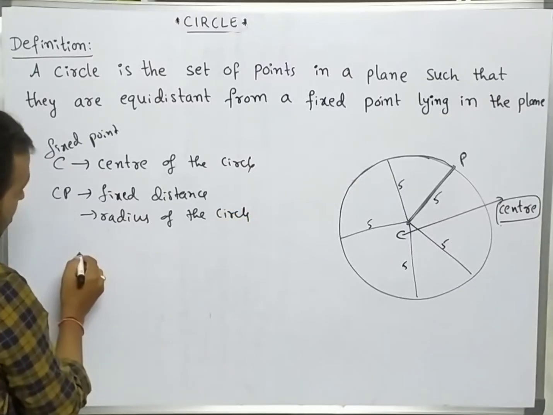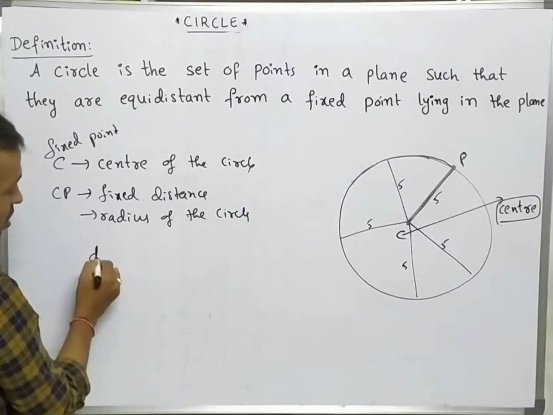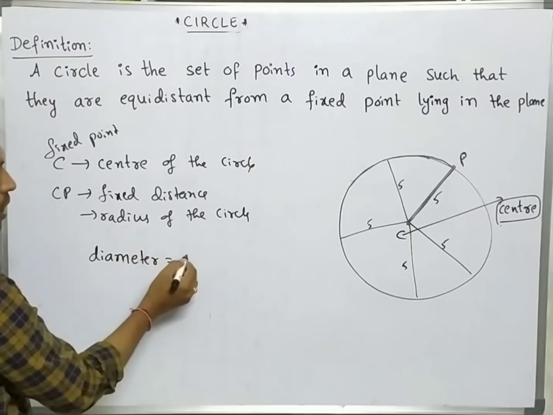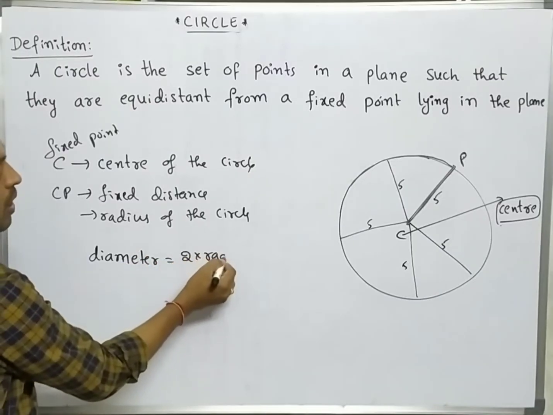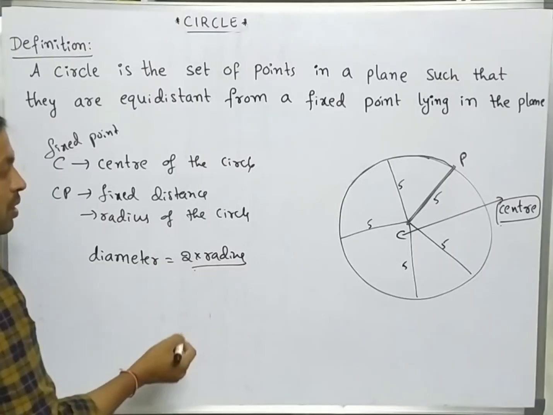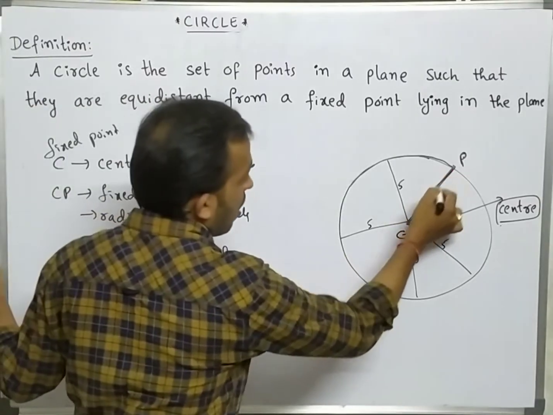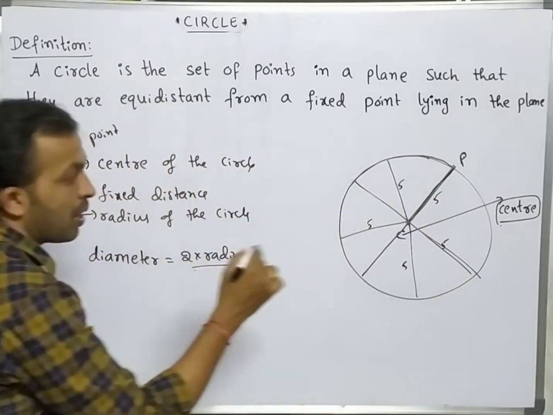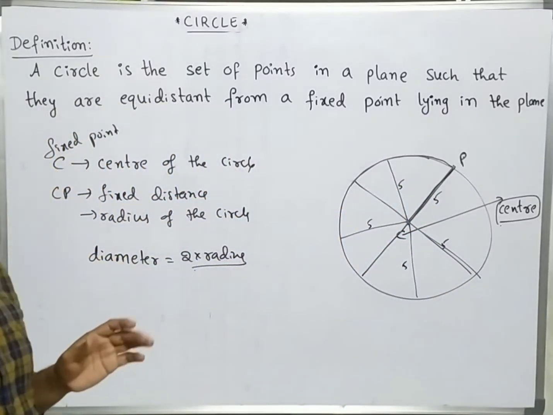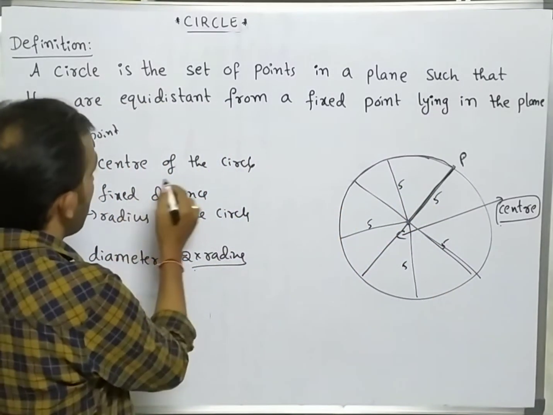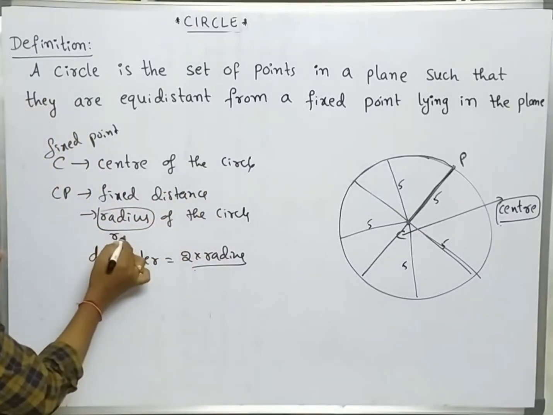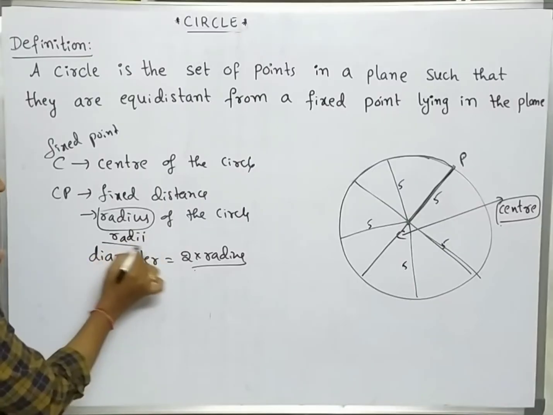Here is one more terminology, the diameter of a circle. Twice the radius is called the diameter. In a circle we have infinite radii, the plural of radius being radii.